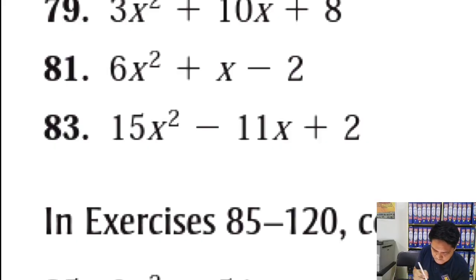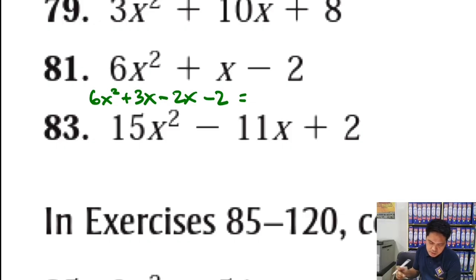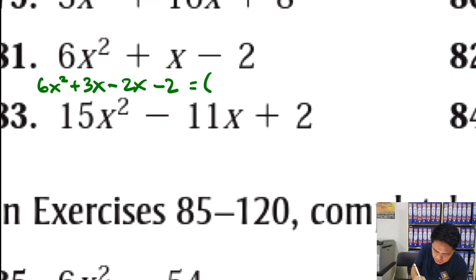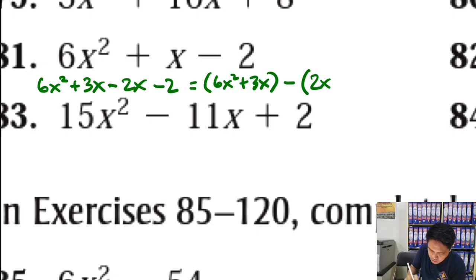Okay? So, sige. Let's try x squared plus, i-try ko yung 3x. Yung 3x, para maging x, I need to subtract 2x, then minus 2. So, I'll try this combination. So, if I combine that or group that, that would be 6x squared plus 3x minus 2x, sorry, that would be 2x and plus 2 na siya. Okay? 2x plus 2.